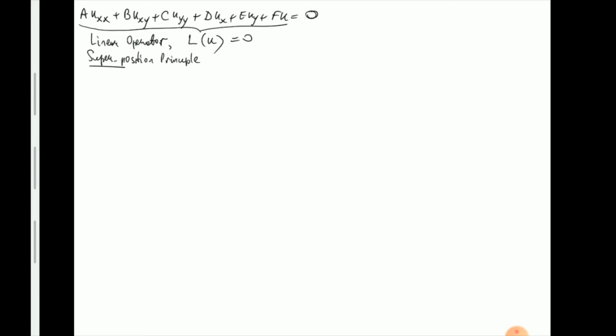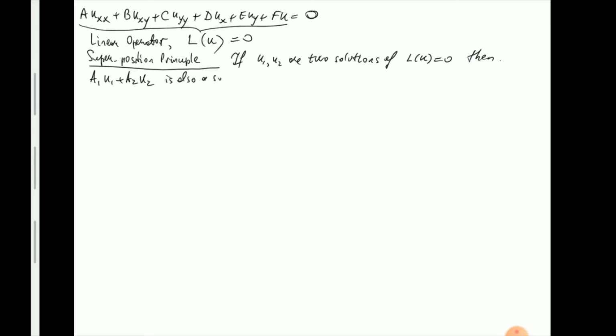So it simply states that if u1 and u2 are two solutions of this equation of L of u equals 0, then any linear combination a1 times u1 plus a2 times u2 is also a solution, where a1, a2 are constants.